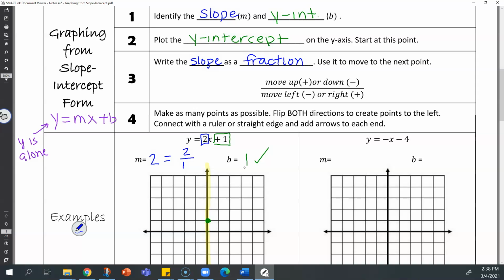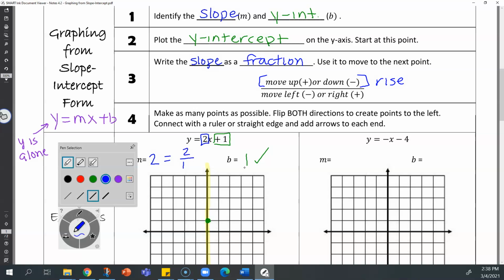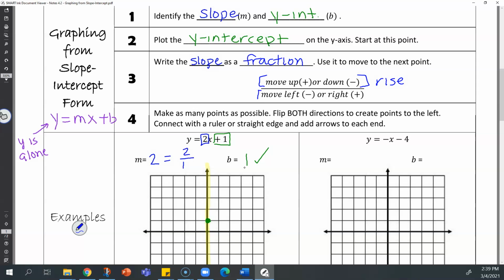So if I have 2 as a whole number, I can write that as a fraction as 2 over 1. It is very important that you're rewriting the slope as a fraction because each of those pieces tells me something different. The top number is going to be my rise. It's going to tell me how to move up or down from one point to the next point. The run, the number on the bottom, is going to tell me how to move side to side, how to move left or right from one point to the next.